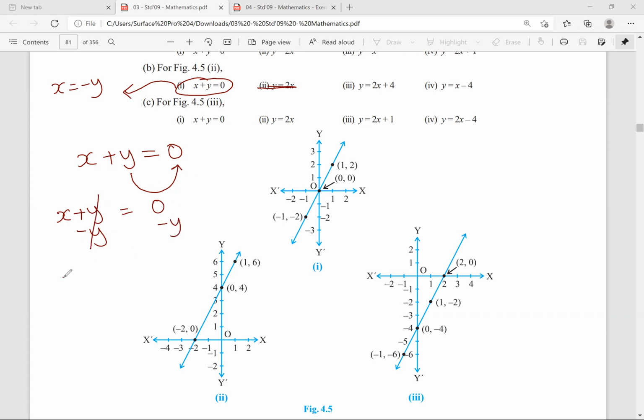This gets cancelled, so I'm left with x is equal to minus y. Hamna, can I do this? Yes, ma'am, we can do it. So this is clear. I can write the equation x plus y is equal to 0 like this. Fine.